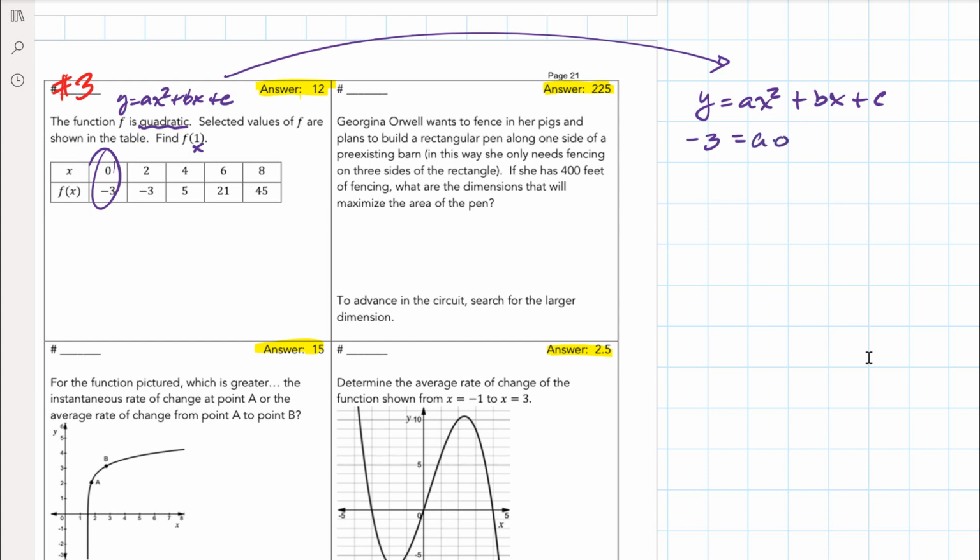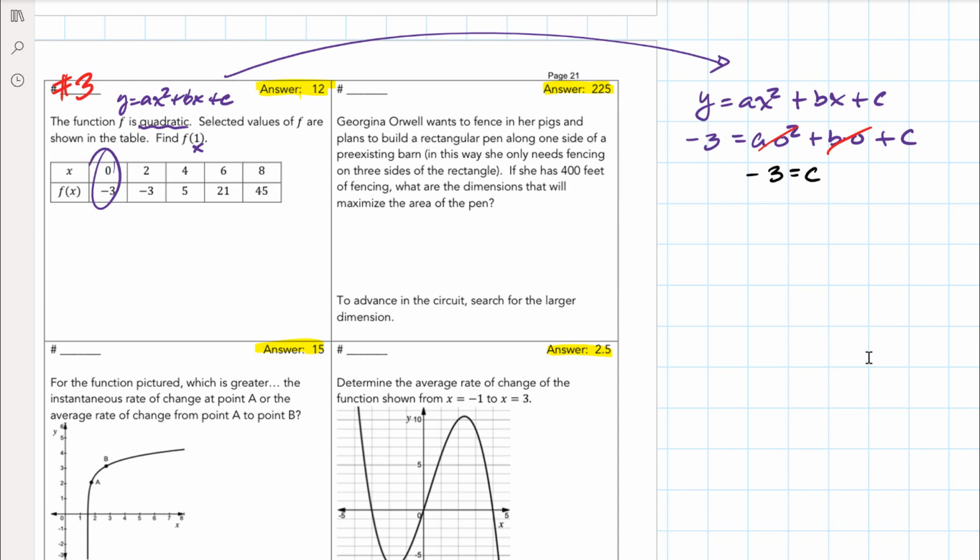So a times 0 squared plus b times 0 plus c. Well, use your common sense here. These are 0, that's 0, and so -3 is equal to c. So now I know what c is. It's -3. So the only thing I need to find is a and b.